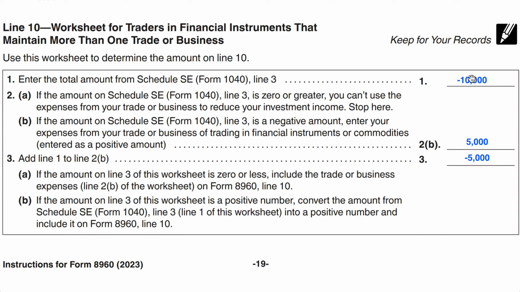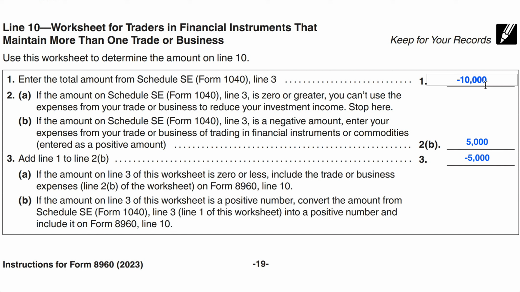However, in this case, we entered a negative amount, so we entered that here. This is the expenses from your trade or business of trading in financial instruments or commodities. We're supposed to enter that as a positive amount, which we do right here. Now that we've entered that, line 1 should be a negative number, the total amount from your Schedule SE.